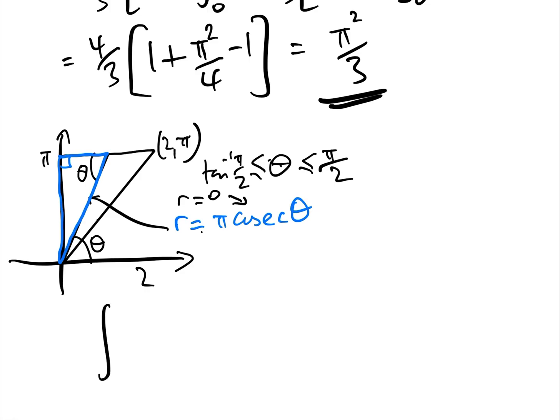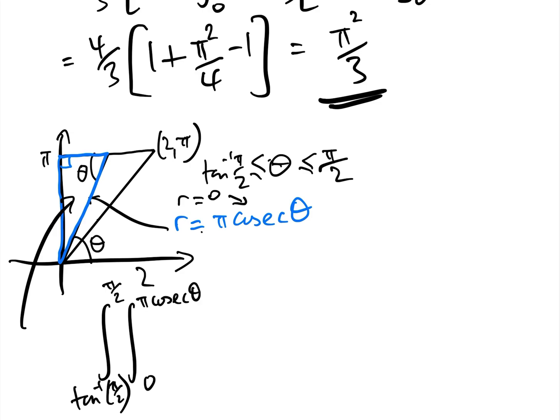So now we can do our double integral of the second part, this part, and then we add them together to get our answer. So that will basically be on the theta side, tan to the minus 1 of pi over 2 to pi over 2. And on the r side, we've already established it would be from 0 to pi cosec theta of, again, r sine theta times r dr d theta.